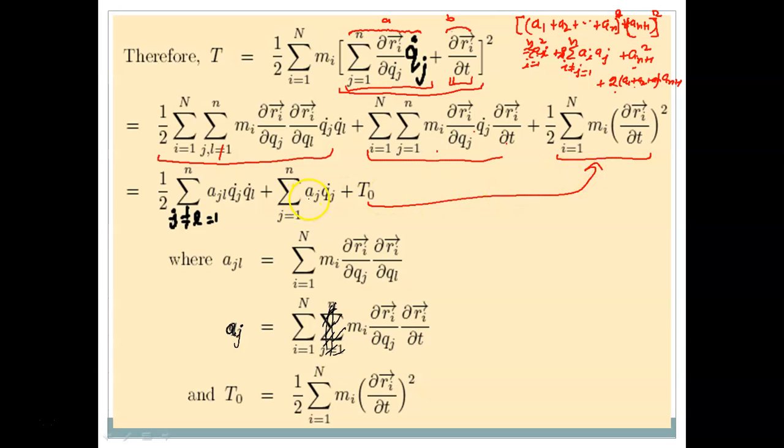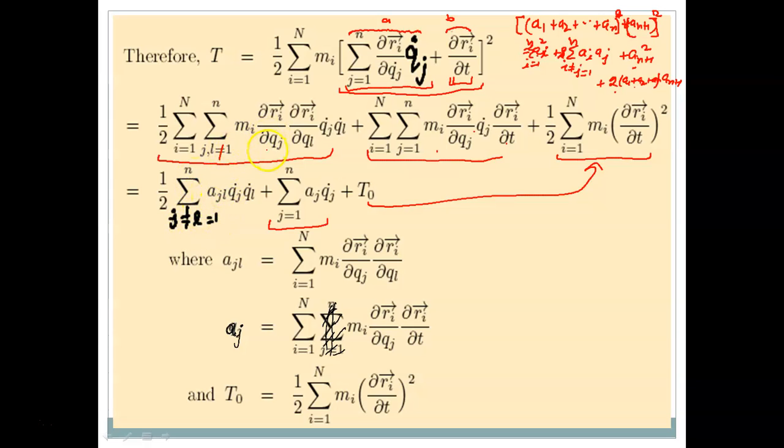T naught, and in this expression this a_j means this term, summation i going from 1 to n, m_i, and the rest of the things, these we are calling a_j, and q_j dot is there, so that is why the second term is written like this. Then the first term you can see 1 by 2, j not equal to l, i going from 1 to n.